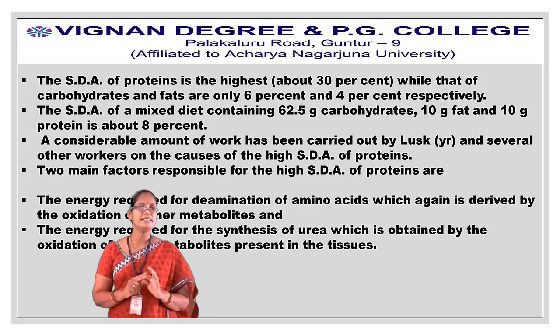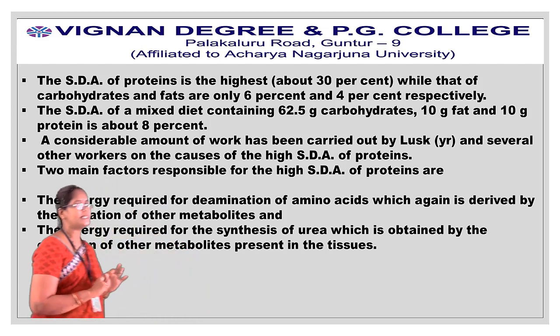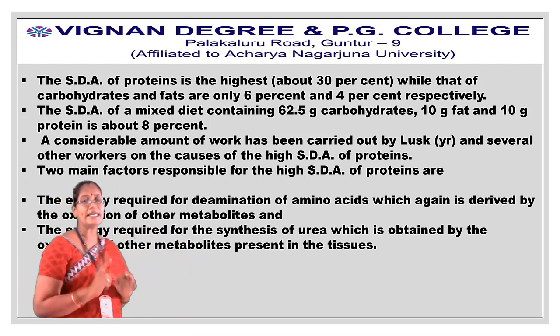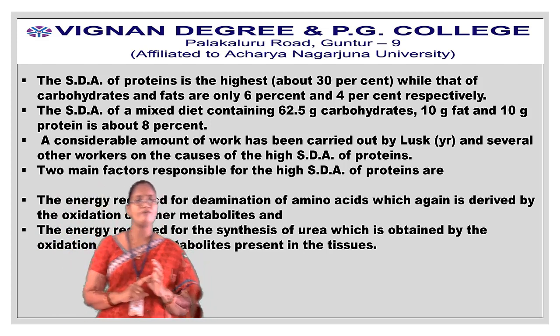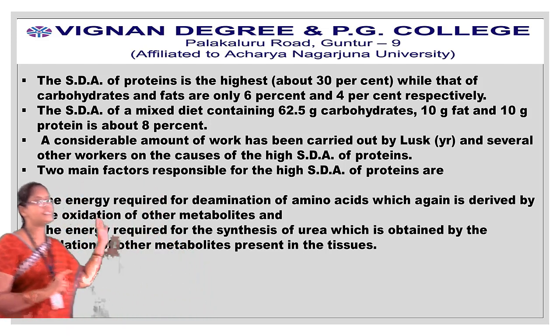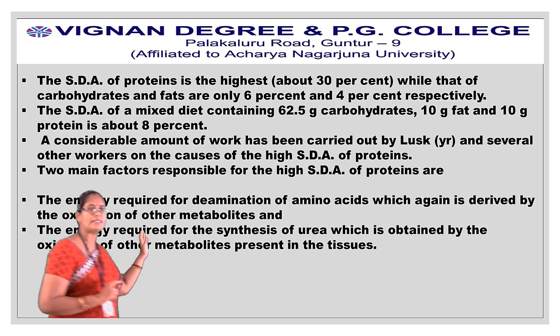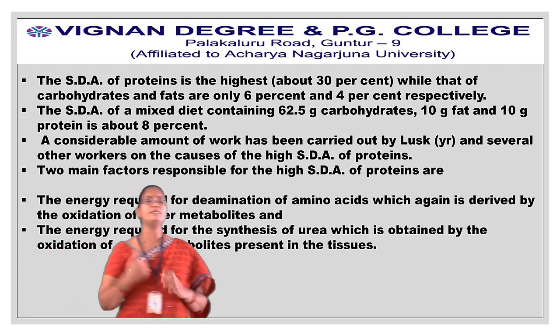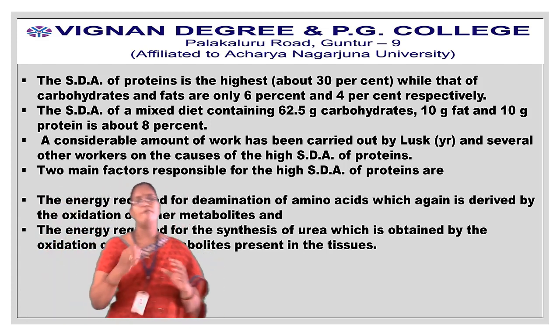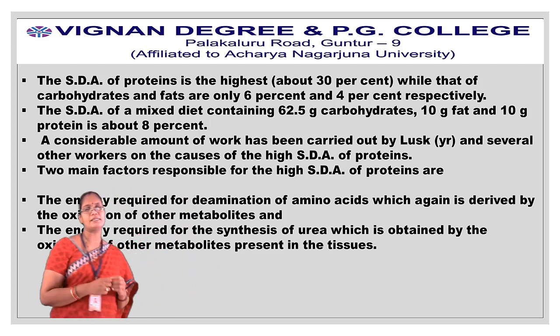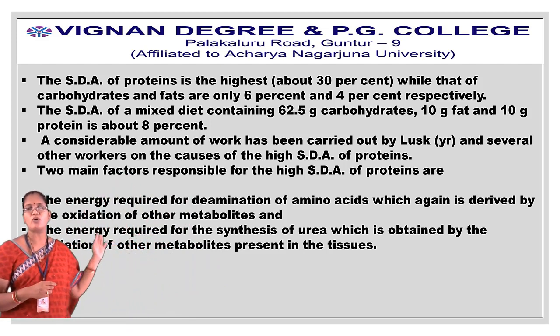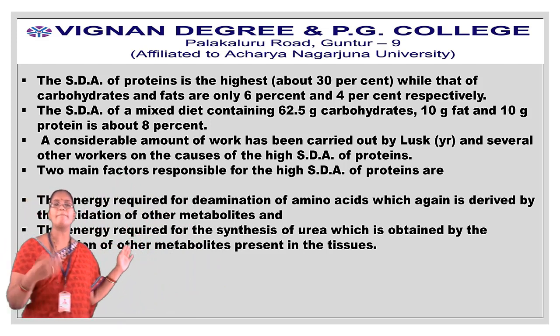The second reason is the energy required for the synthesis of urea, which is obtained by the oxidation of other metabolites present in the tissues. Because of these two reasons, the SDA value of proteins is higher compared to other foods.